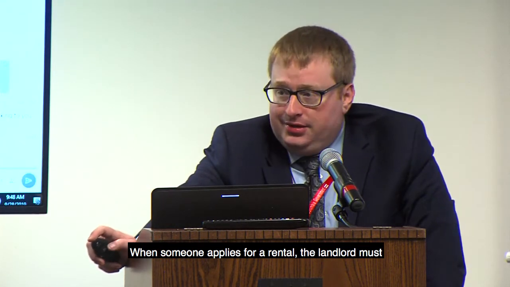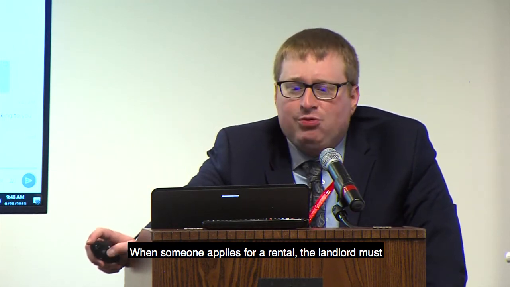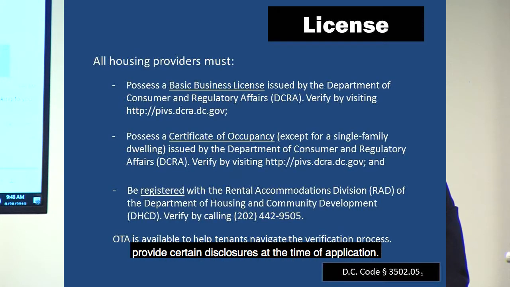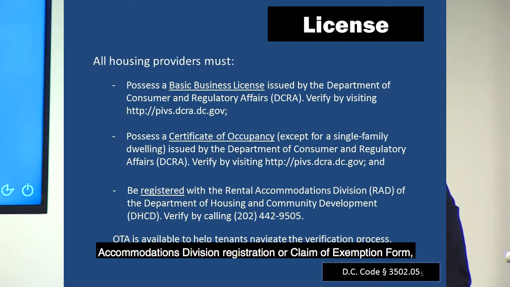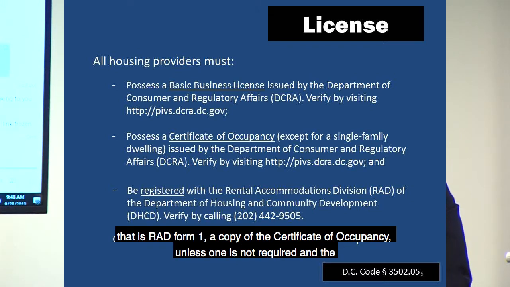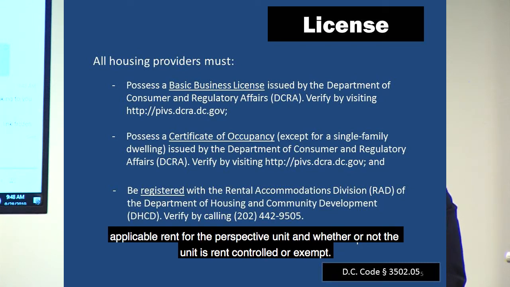When someone applies for a rental, the landlord must provide certain disclosures at the time of application. For example, the basic business license number, the Rental Accommodations Division registration or claim of exemption form, that is RAD Form 1, a copy of the certificate of occupancy, unless one is not required, and the applicable rent for the prospective unit and whether or not the unit is rent-controlled or exempt.